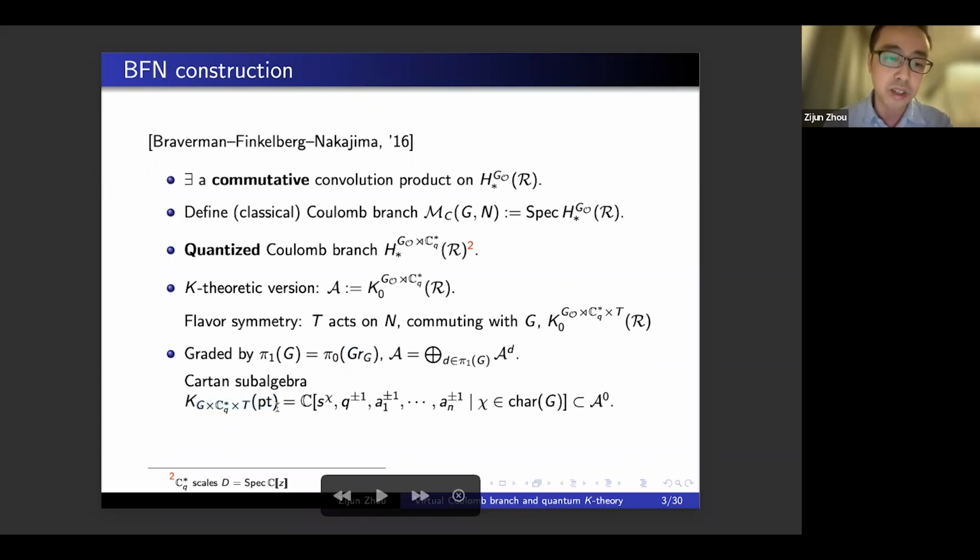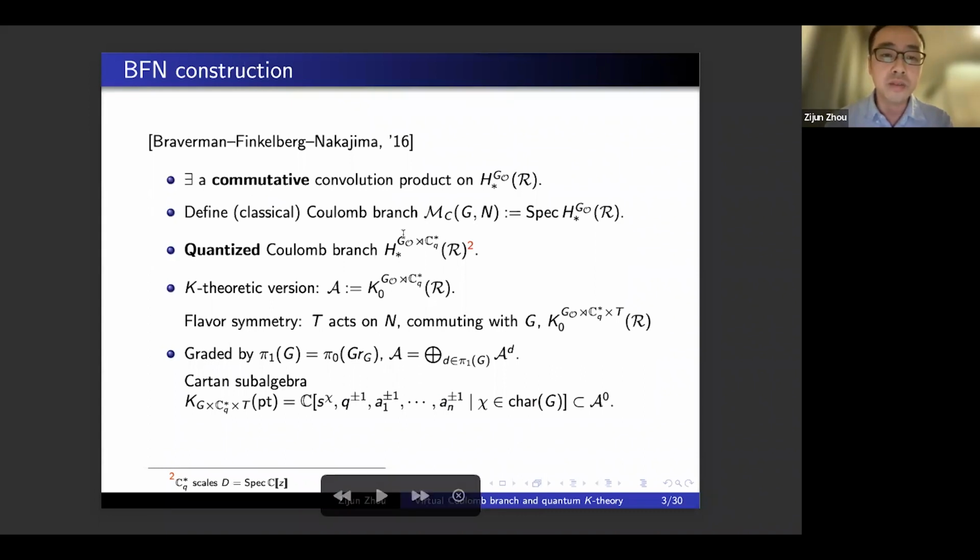So this Cartan subalgebra contains the equivariant parameters with respect to the gauge group, the C star q, and the flavor group. So I will denote these equivariant parameters by s, chi, q and a. So s is the coordinate on the maximal torus of G, and this chi is a character of G. And q is the equivariant parameter of C star q, and these a's are equivariant parameters of T. Okay.